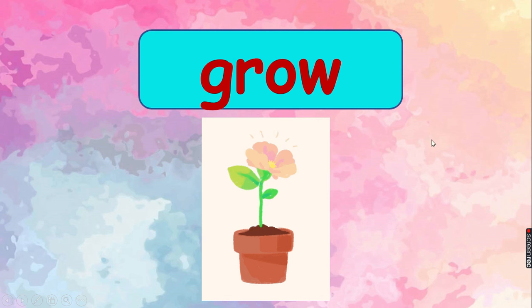It's like from seedling, it will turn into a mature plant that will have some flowers, or from seedling to a tree and will have fruit, or from baby to child to teenager to adult to old age. That's what we call grow. Can we say that again? Grow.